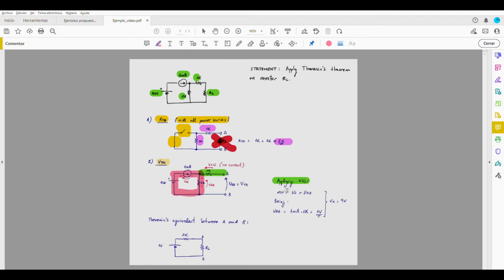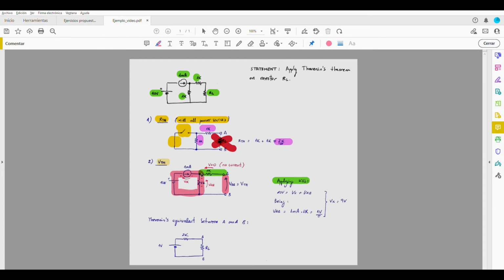The 10 volts have to be split between the voltage across the current source and the voltage between the points A and B. The points A and B, since they are these points here, are the same as these other ones.